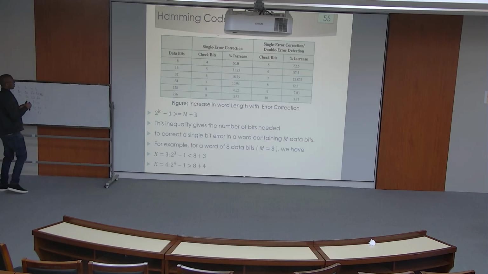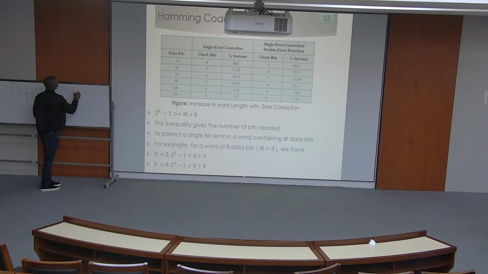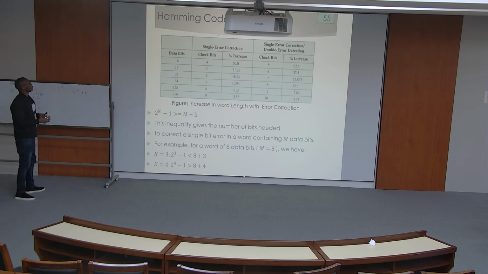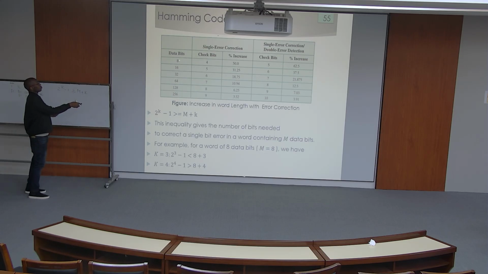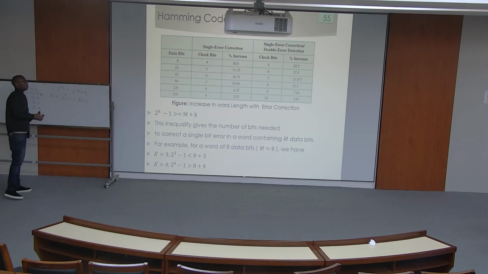This inequality needs to be satisfied: 2 to the power of k minus 1 is greater than or equal to m plus k. Now, if we have m equals 8, we need k equals 4: 2 to the power of 4 minus 1 is greater than or equal to 8 plus 4. So we need 4 check bits.